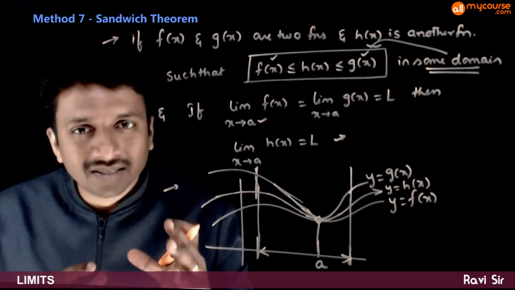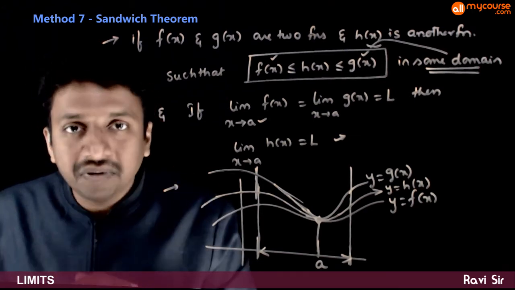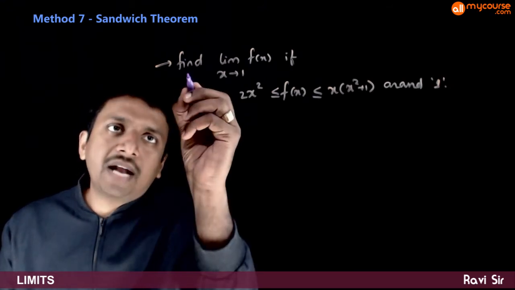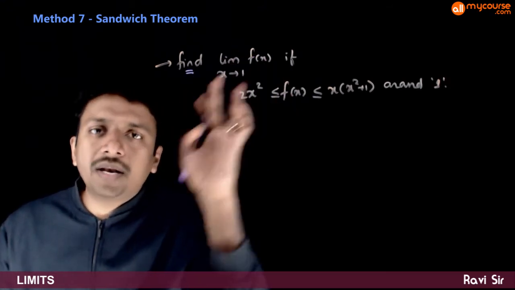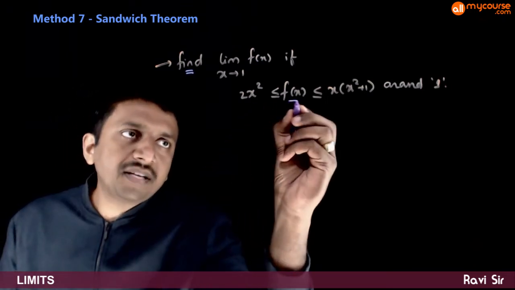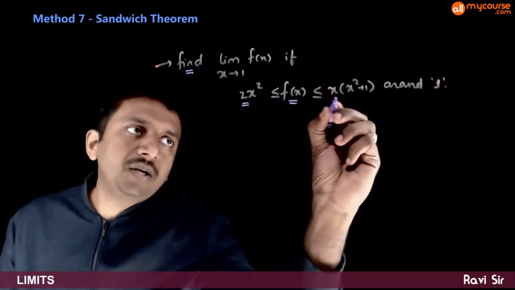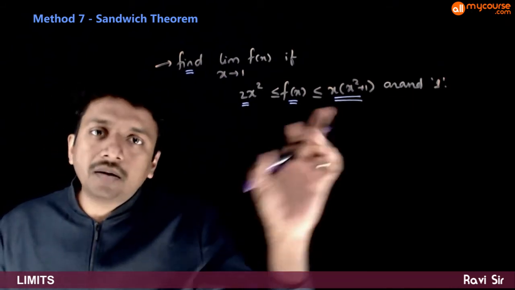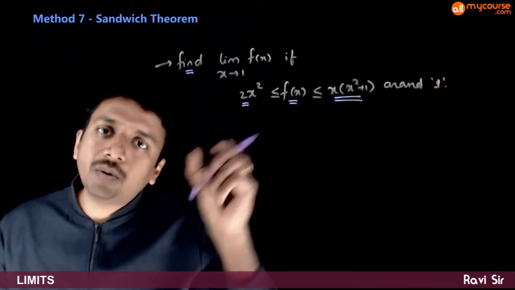So let us look at some examples where the sandwich theorem can be used. Let us take a sample question. You are asked to find limit x tends to 1 of f of x if f of x always lies between 2x squared and x times x squared plus 1 around x equal to 1.